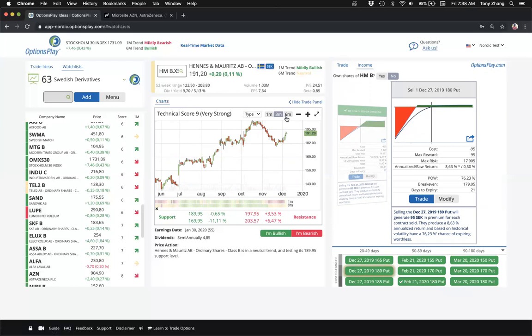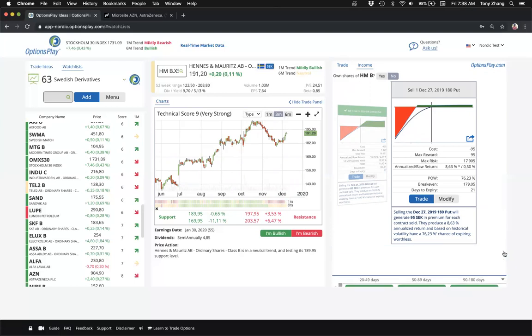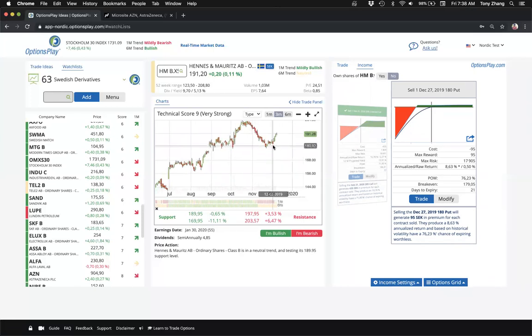So let's say you want to buy H&M stock, and maybe you want to buy it at 180 crowns. So you might normally place a limit order at 180. Here, what you can do is you can sell a 180 put and get paid 95 crowns to do so, which, if you get paid 95 crowns in just 21 days, annualizes out to an 8.6% yield on the cash that you need to buy the stock.